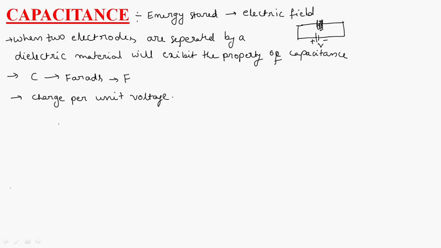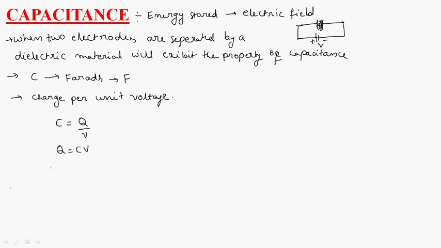Mathematically, capacitance C is equal to charge per unit voltage, Q by V. From this we can write Q is equal to C into V.